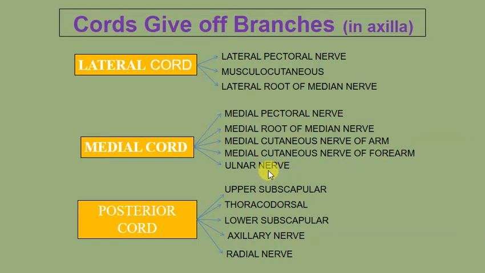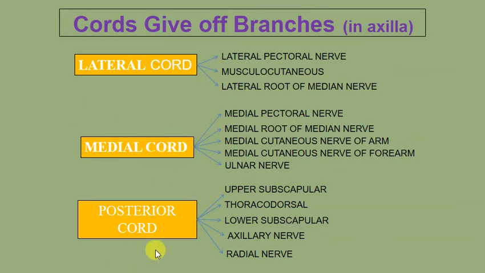You can see that the median nerve has two roots, the medial root and the lateral root. The lateral pectoral nerve is called that because it is a division of the lateral cord, while the medial pectoral nerve is a division from the medial cord. The medial cutaneous nerves of the arm and forearm are also divisions from the medial cord.